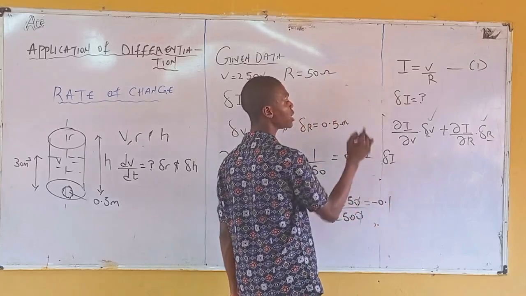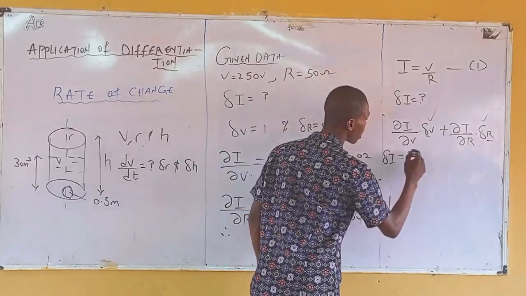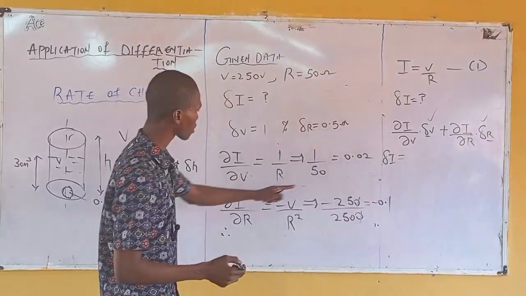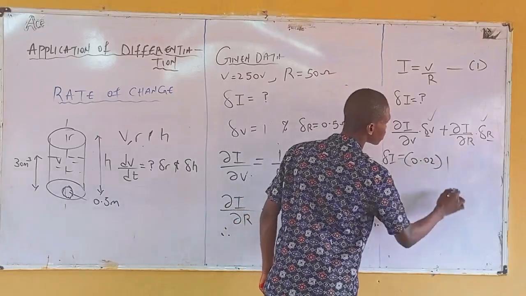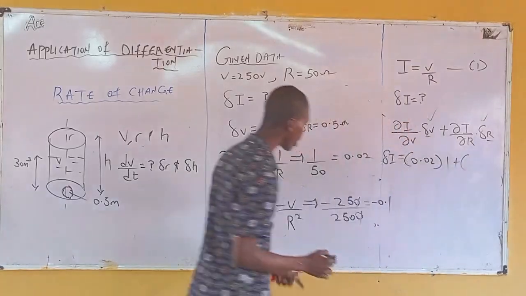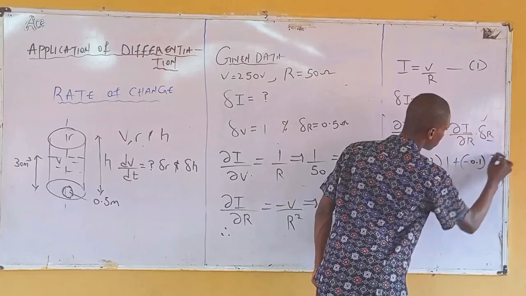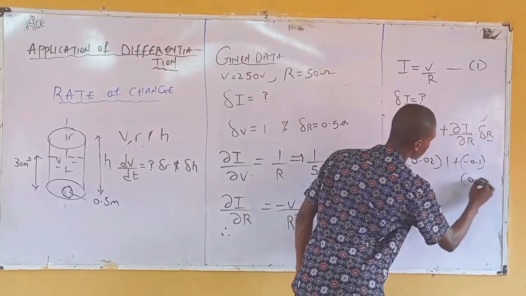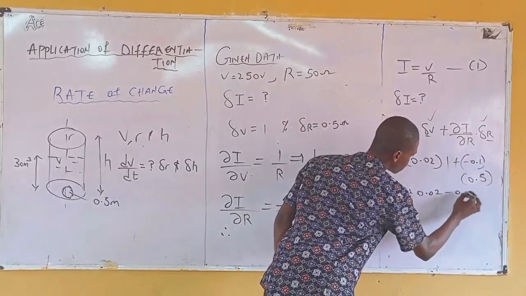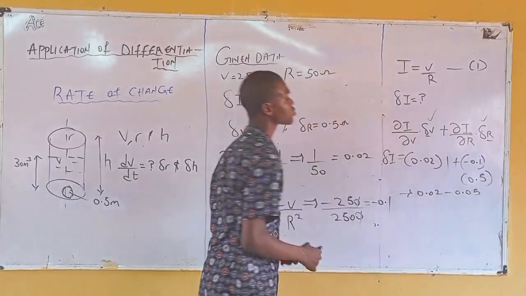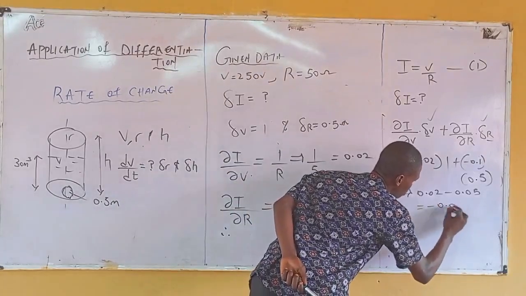Now let's do our substitution, meaning that the rate at which I, we don't know yet, either increases or decreases. Let's substitute our answer. That's open bracket 0.02 times 1 plus open bracket negative 0.1 times 0.5. Then from here 0.02 negative 0.05. The subtraction of this gives us what? Minus 0.03.